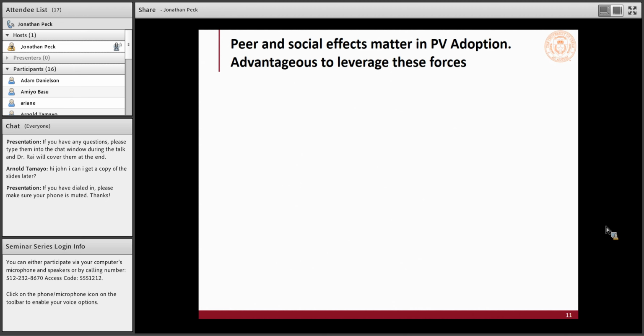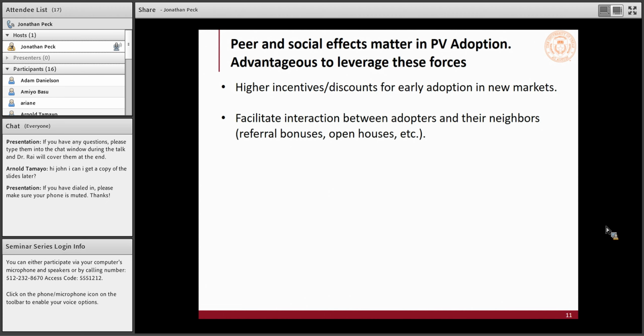Many utilities also have been trying to do this, and there are a couple of ways to think about this. One is certainly higher incentives or discounts for early adoption in new markets. When a new market is starting up, getting those initial systems installed in those markets is very important, because then there's a compounding effect of those systems in terms of the peer effects.